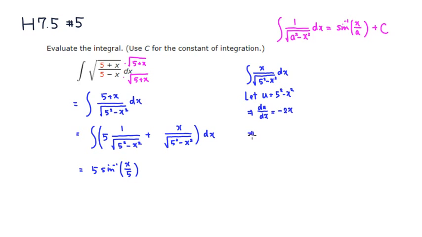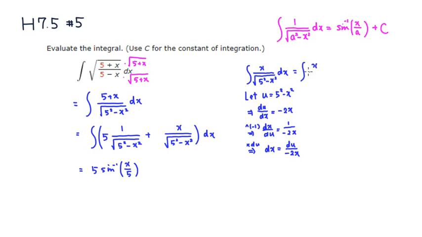Then we can take the reciprocal of both sides: dx over du is equal to 1 over negative 2x. And the last step is to multiply through by du, so dx is equal to du over negative 2x.